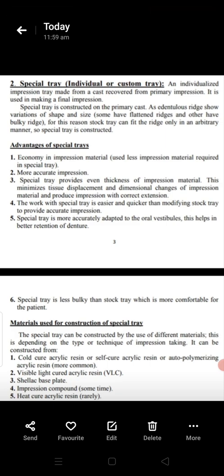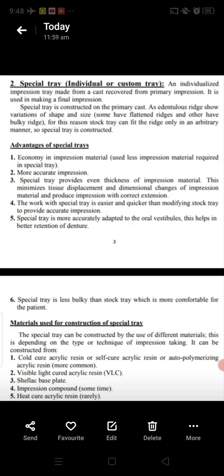Next, the materials used for construction of special tray. From which materials can we construct special tray? There are 5 types of material. The special tray can be constructed using different materials, depending on the type or technique of impression taking. Number 1, cold cure acrylic resin, or self-cure acrylic resin, or autopolymerizing resin.